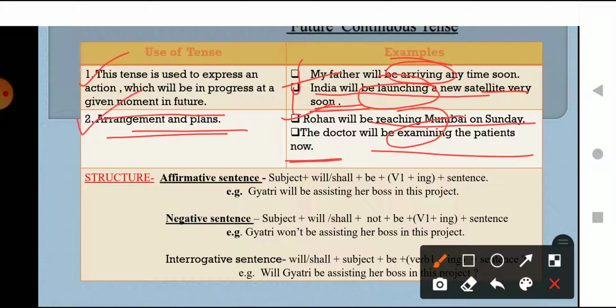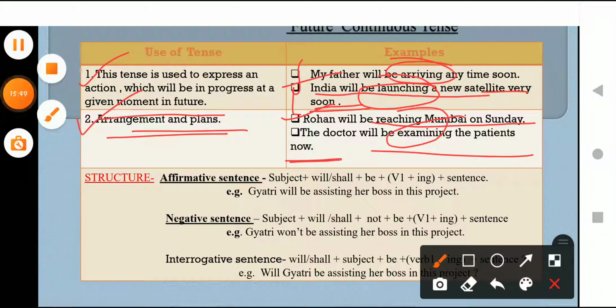So these are the two ways where we can use the future continuous tense. The first is to express an action which will be in progress at a given time in future, and the second is arrangements and plans. Now let's see the structure of these sentences.